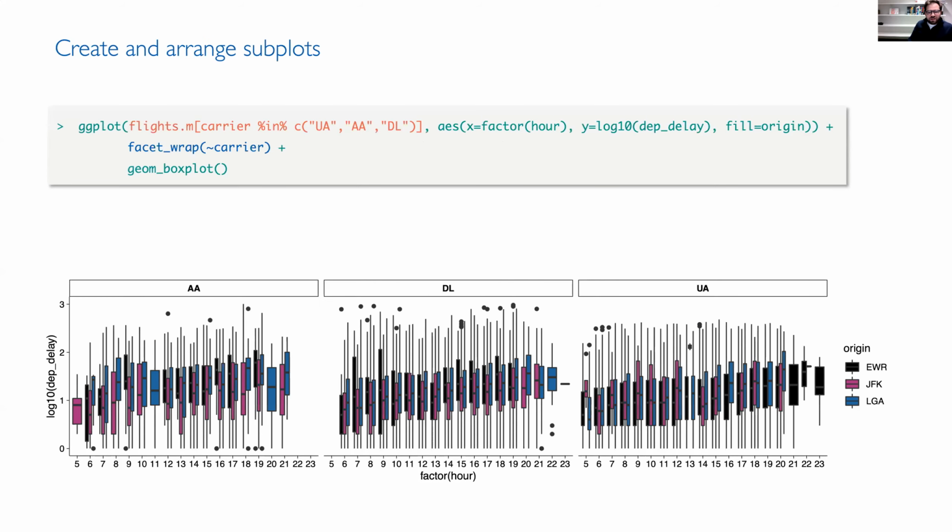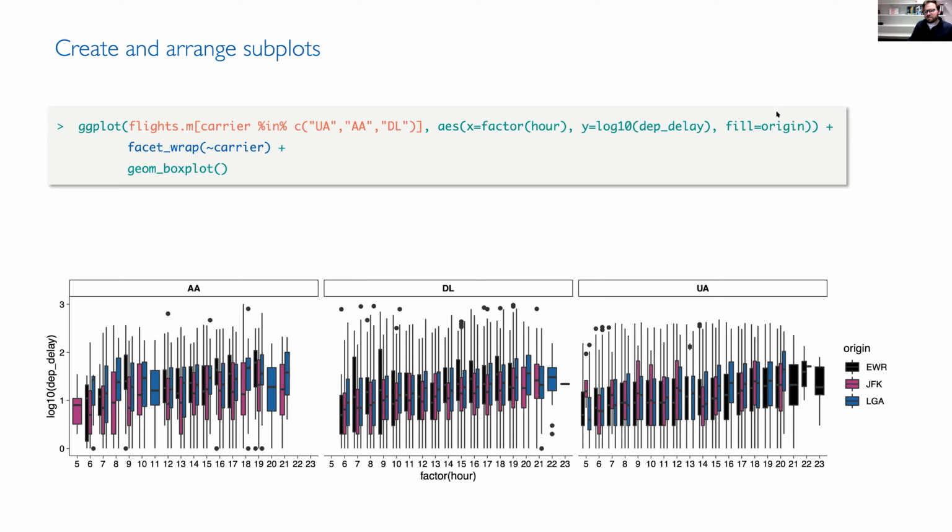Something that's more interesting is if you plot these delays for the big 3 carriers as a function of the hour of the day. Here the x coordinate is the hour, and I turn that into a factor. I turn it from numeric to something that is discrete, just for plotting purposes.